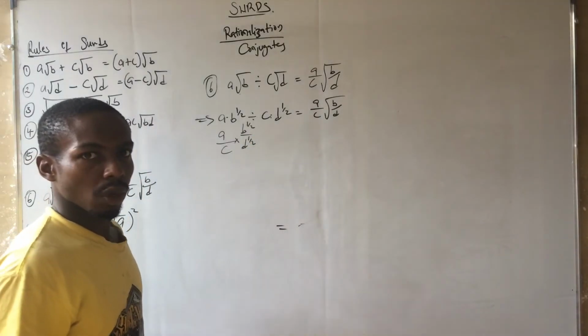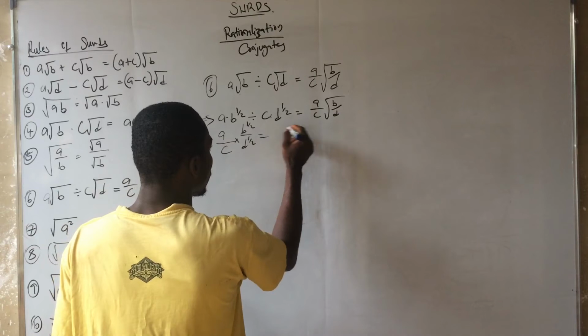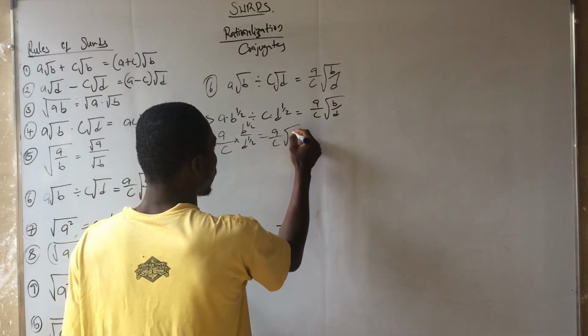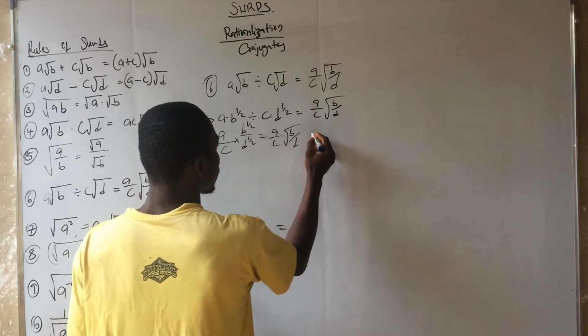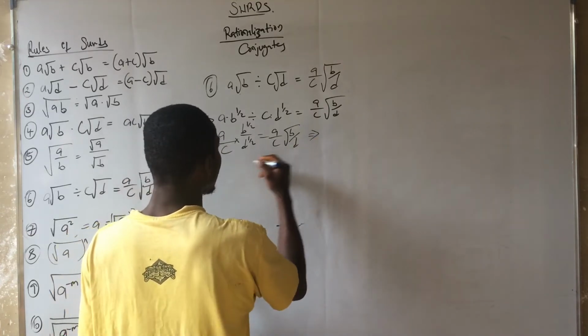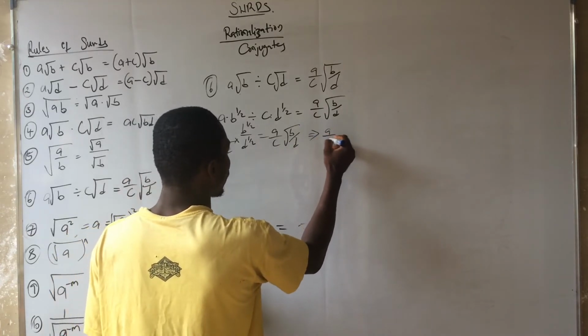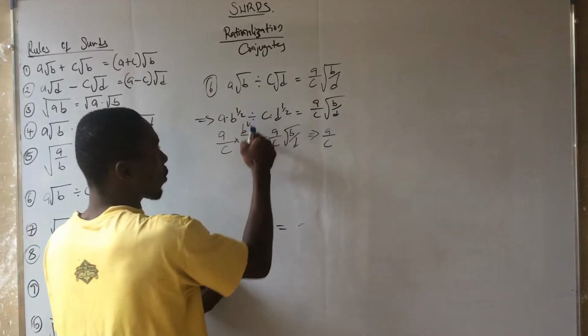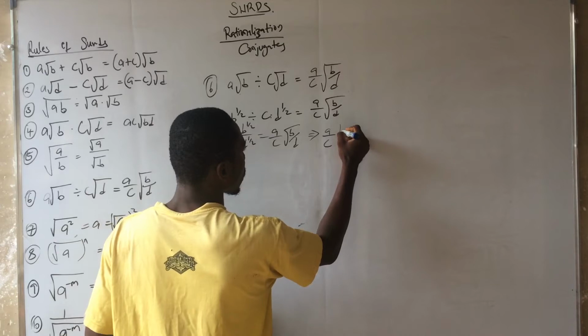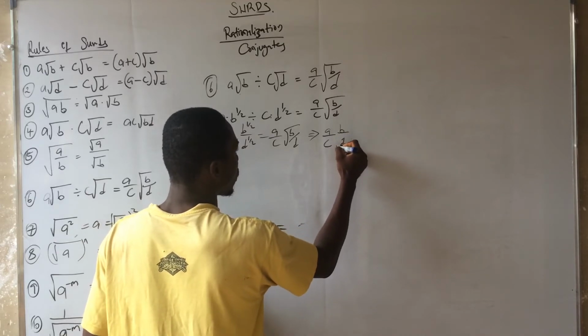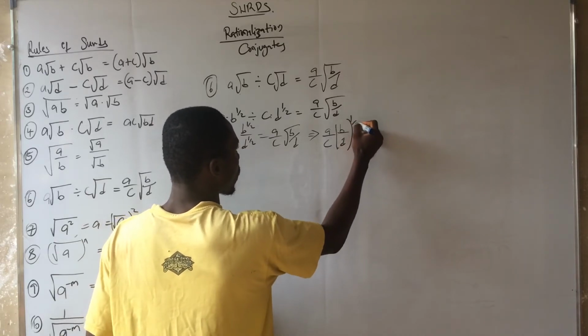That means I collected like terms, to be equal to a over c root b over d. So this implies I'm going to have a over c, and they have a common power, so I can say b over d all raised to the power 1 over 2.